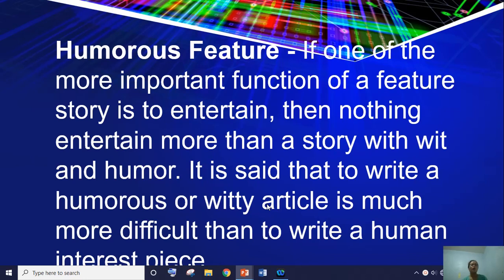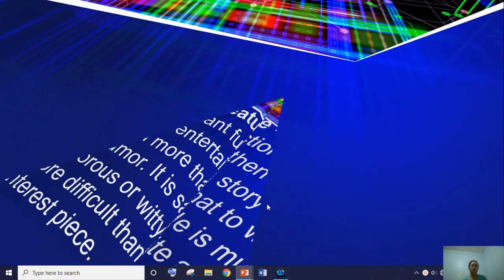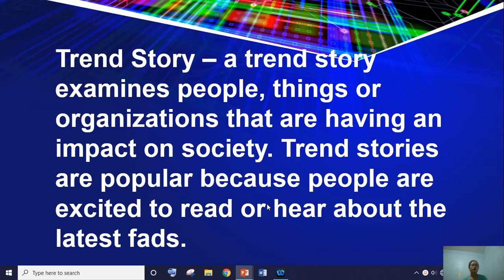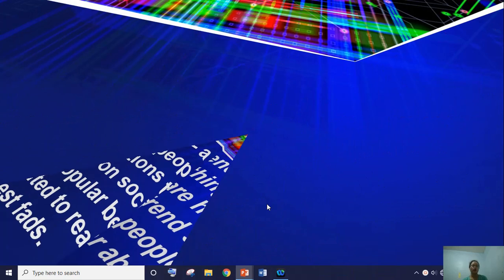So that is all about the humorous feature. Then trend story. A trend story examines people, things, or organizations that are having an impact on society. Trend stories are popular because people are excited to read or hear about the latest fads. So, the trend story.